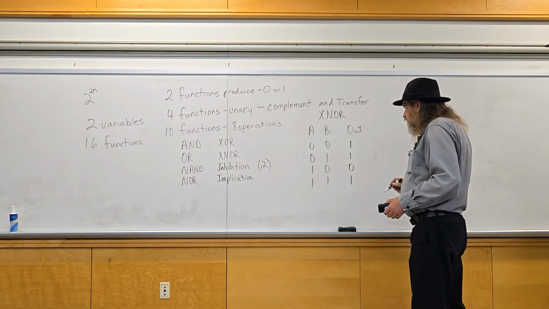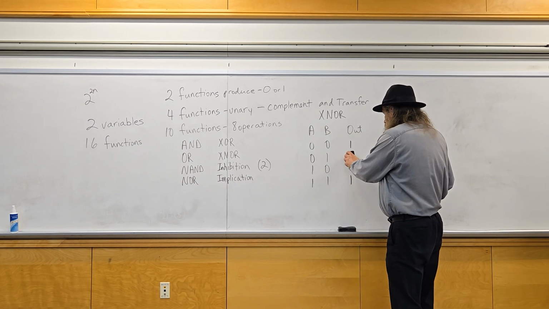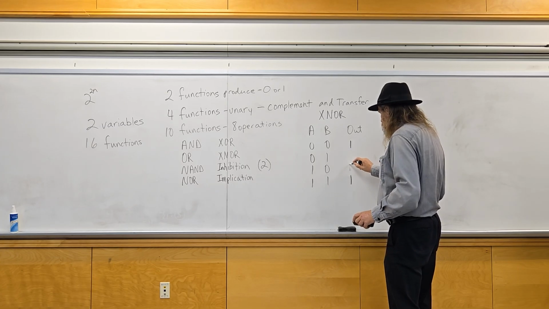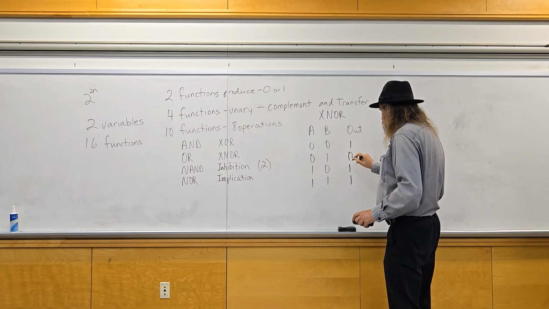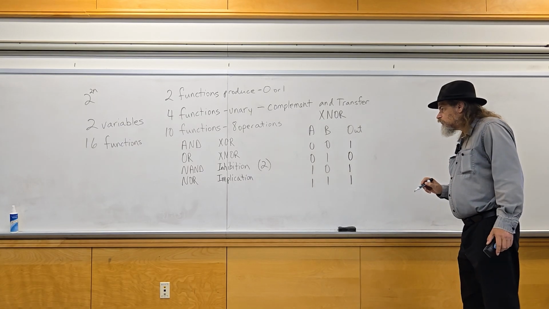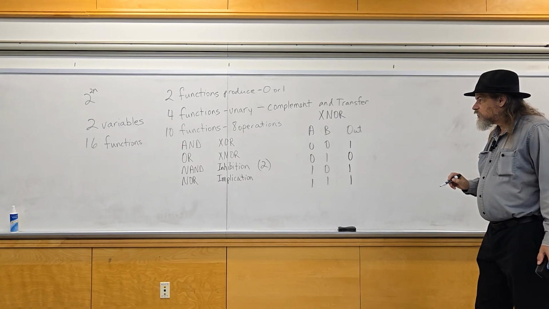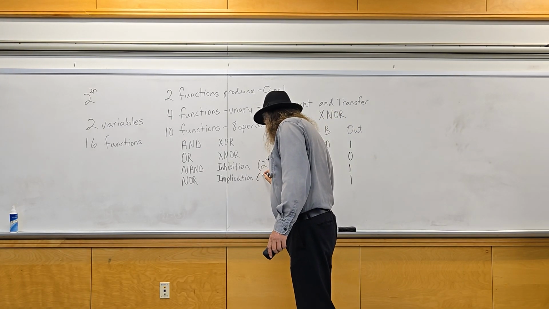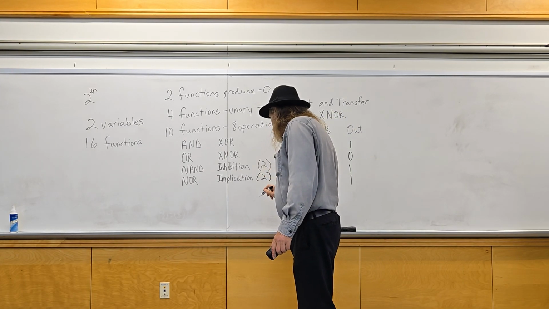And B implies A would be 1 here. So there are 2 inhibition and 2 implication functions.